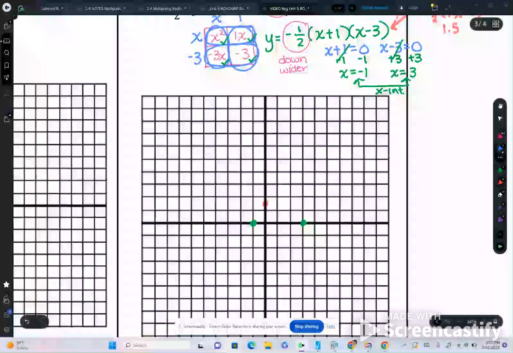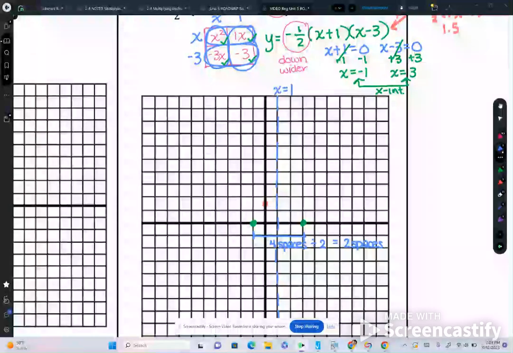So from here to here, that's 1, 2, 3, 4 spaces. So then if we divide that by 2, that tells me that I'm going to go 2 spaces over to find out where my axis of symmetry is. So my axis of symmetry is going to be this line right here. And so this is the line x is equal to 1. And so x equals 1, I know my vertex point is going to fall somewhere on that line.